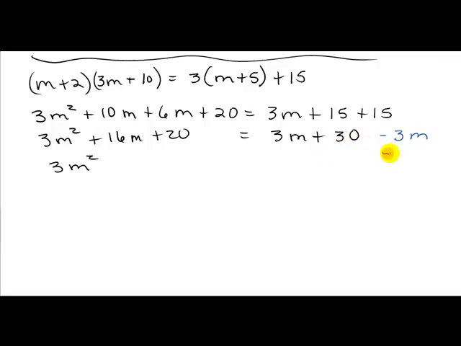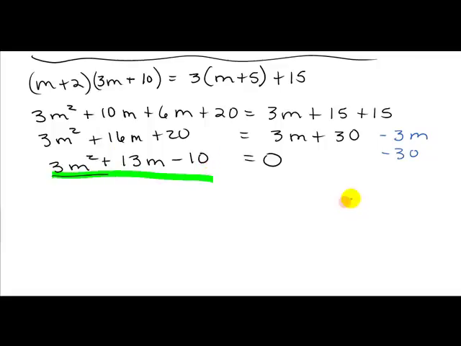I'm going to subtract 3m and I'm going to subtract 30 from both sides. So 16 minus 3 and 20 minus 30. Now I have the quadratic equation.